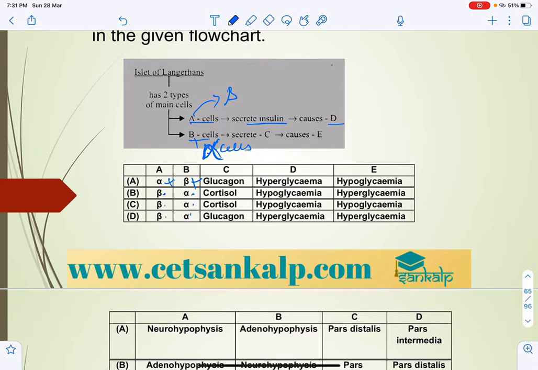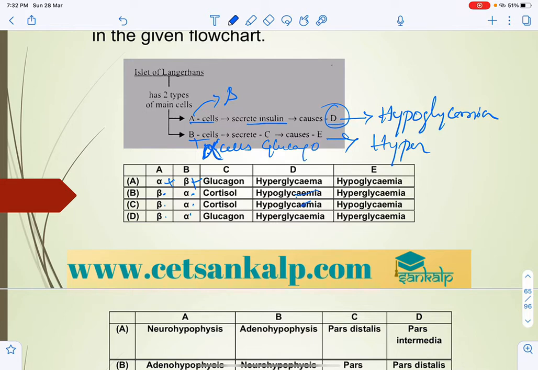So let us take the next option. Beta cells secrete insulin, which generally reduces the glucose level. That is why it causes hypoglycemia. And alpha cells, which secrete glucagon, cause hyperglycemia. So this option is wrong, and this one is also wrong.